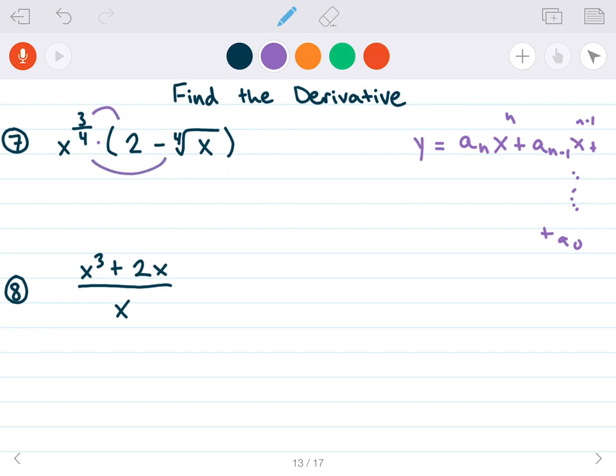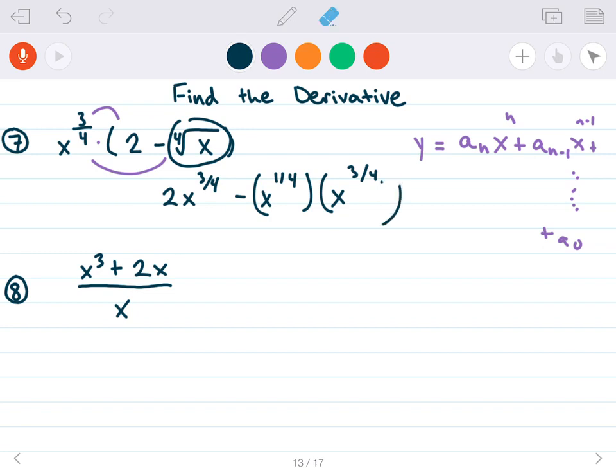And so the first one, we end up getting 2 times x to the 3/4. And then this thing is x to the 1 over 4, right? So then we have minus x to the 1 over 4 times x to the 3 over 4. We can simplify this more by using our exponent laws.